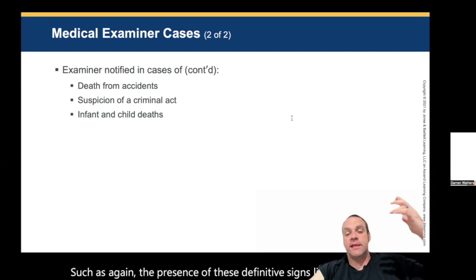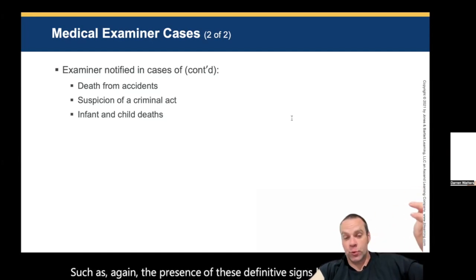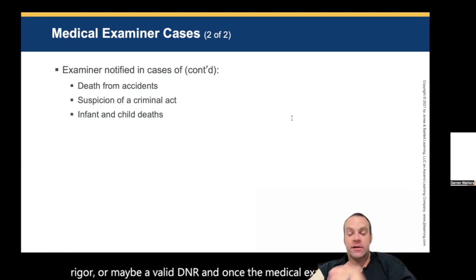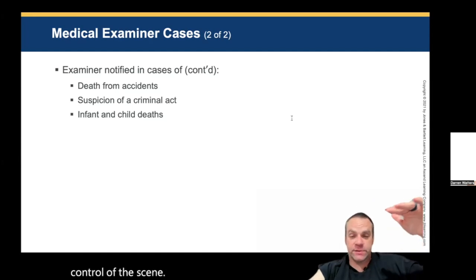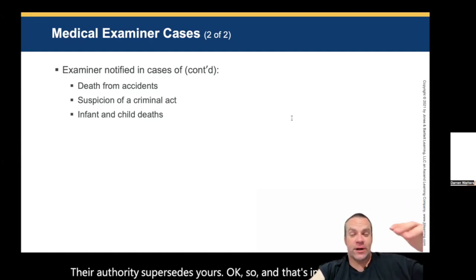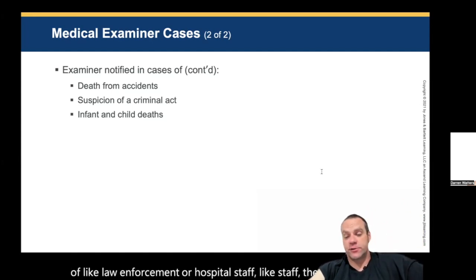And once the medical examiner takes control of the scene, their authority supersedes yours, including that of law enforcement or hospital staff. They're the ones who are going to be in charge.